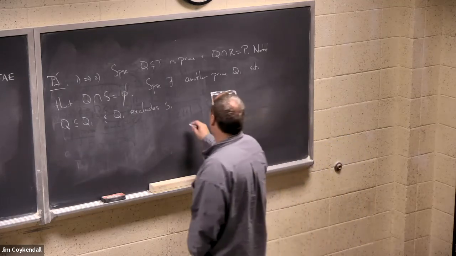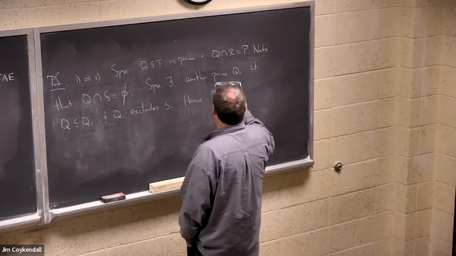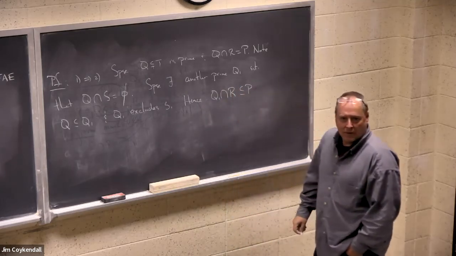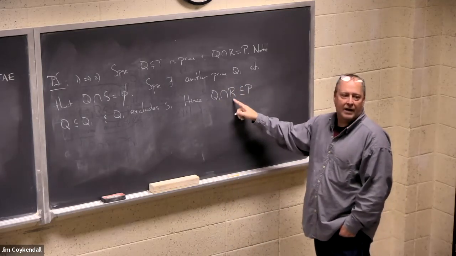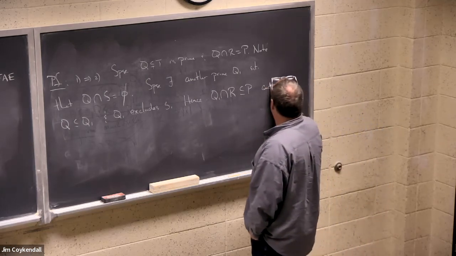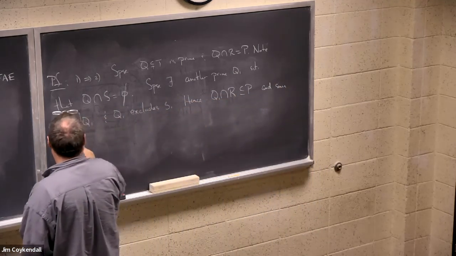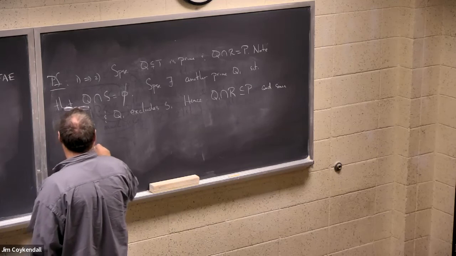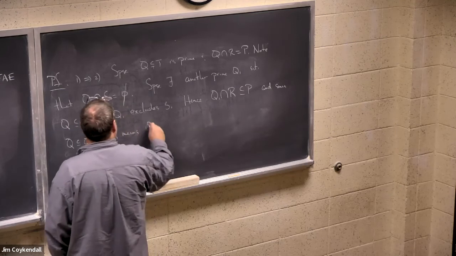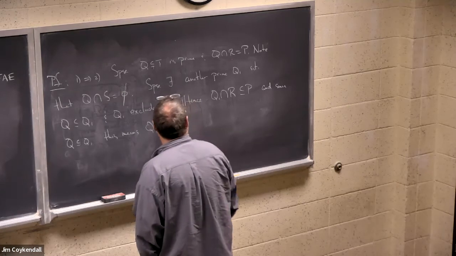Well, this means, again, Q1 intersect R is actually contained in P, right? Because if it excludes S, then the intersection with R is contained in P, and since Q is contained in Q1, this means Q1 intersect R is equal to P as well.